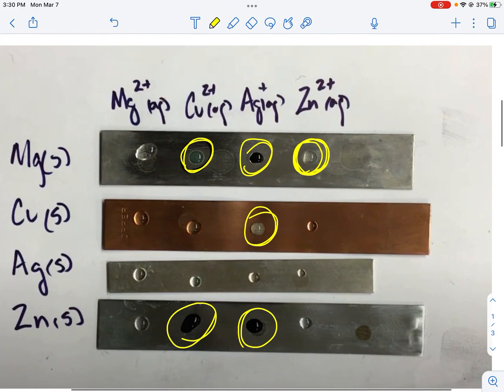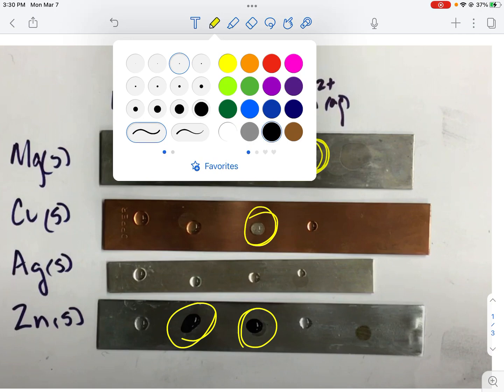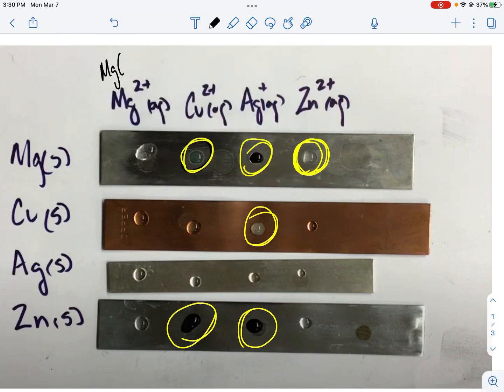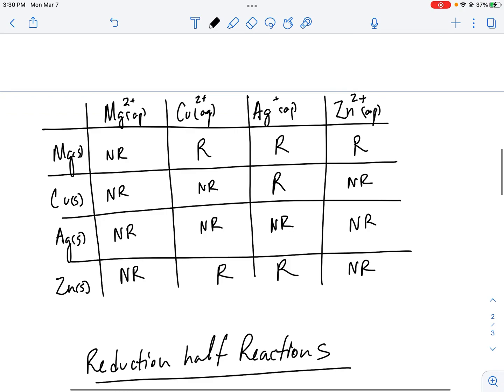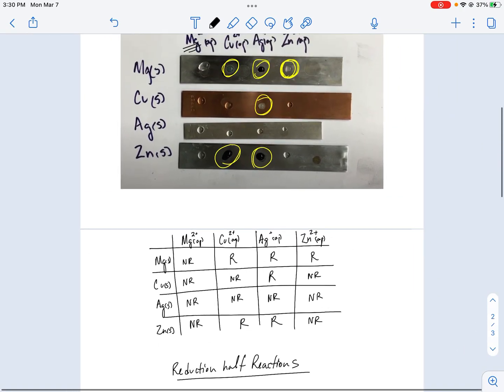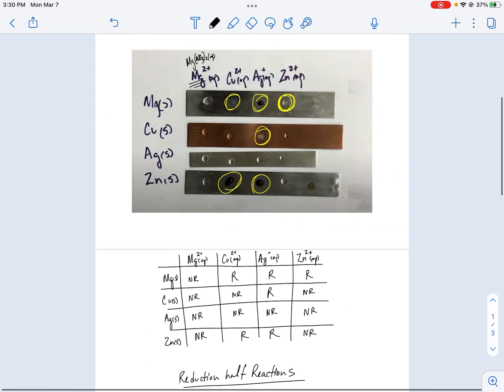Now, in your lab, this was magnesium nitrate, but the ions were magnesium ions. So what I'm going to do is transfer this information into a table that looks like this. My magnesium ions are here, and my magnesium solid is here.